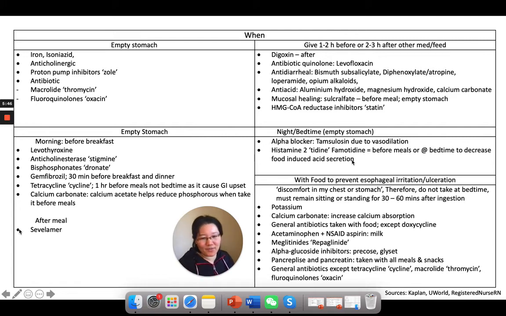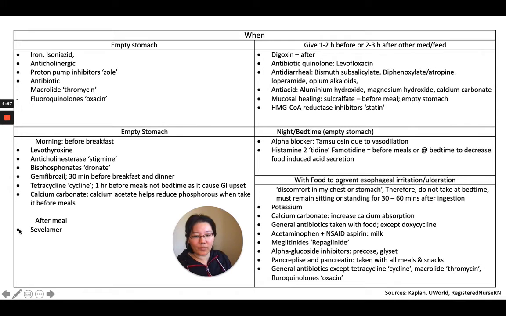They say give on an empty stomach, and then sometimes they ask, is it before breakfast, after breakfast, or is it at night time? And then here with food. How I summarize it is, I usually summarize the empty stomach, this one, and then assume the rest should be given with food.